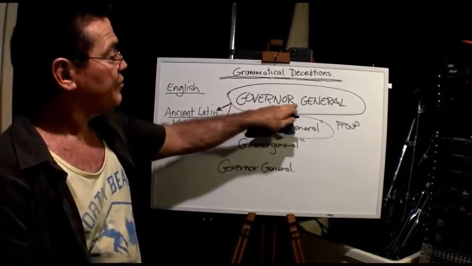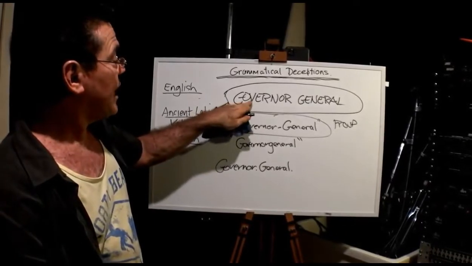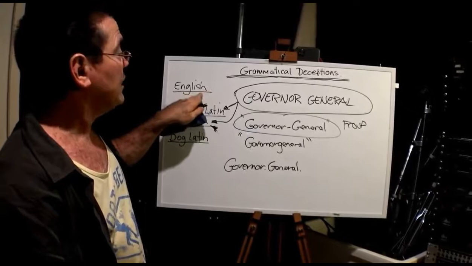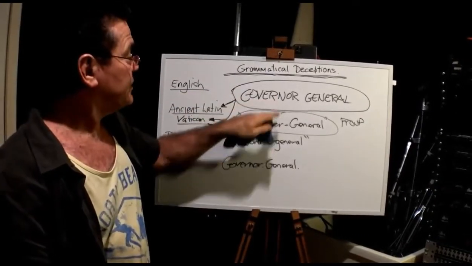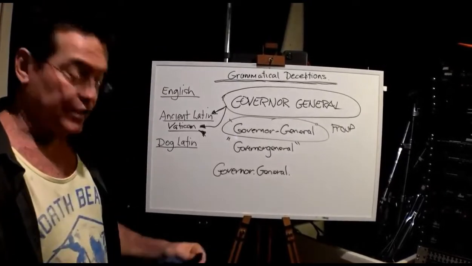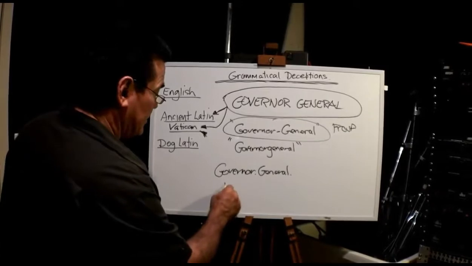Full stop. Because Governor General, written in Dog Latin, which is using the ancient Latin text with the grammatical rules of English, renders this as Governor full stop General, which is not the Governor General. And that is same with your name.